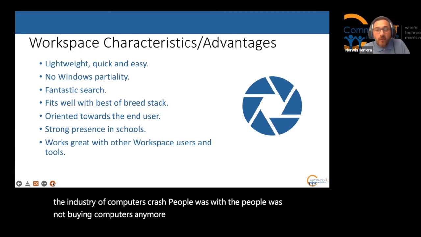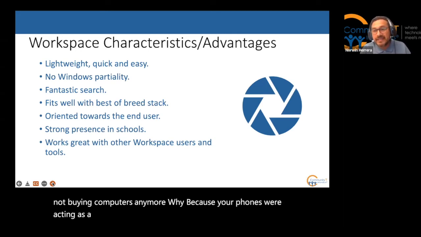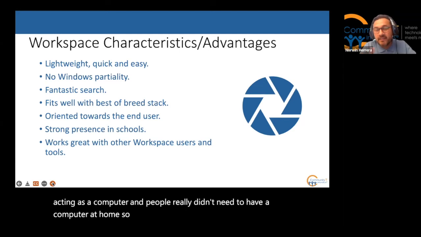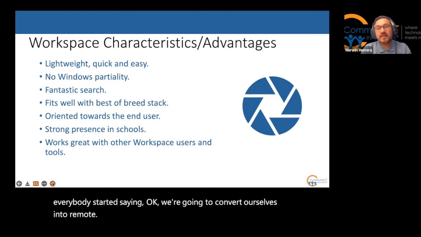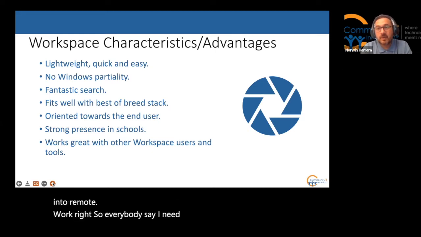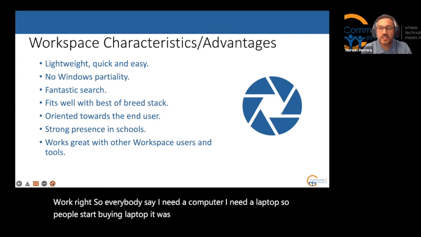Because your phones were acting as a computer, and people really didn't need a computer at home. Then in the pandemic, the moment everybody started saying, okay, we're going to convert ourselves to remote work, everybody said, I need a computer, I need a laptop. So people started buying laptops. There was a high shortage of computers on the whole planet because they were not prepared for this.